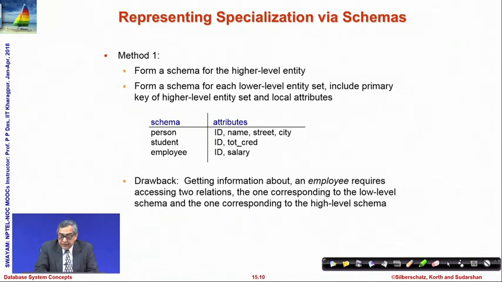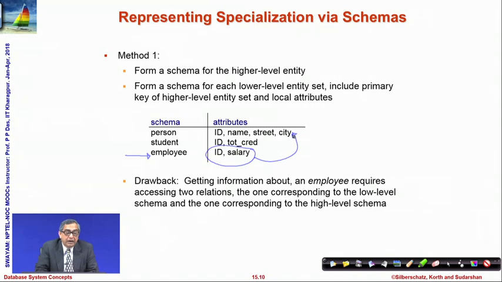but the drawback is if you have to find out information about, say, employee, then you will not only have to access the employee entity set or the corresponding relation in the relational schema, but you will also have to access the parent or higher level entity set to get the attribute values which are inherited.